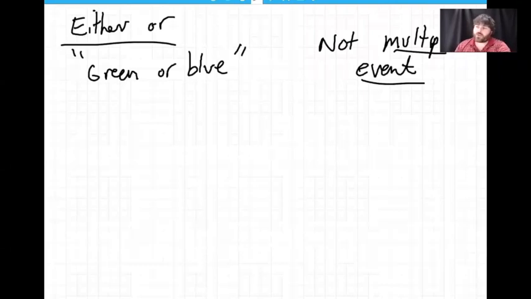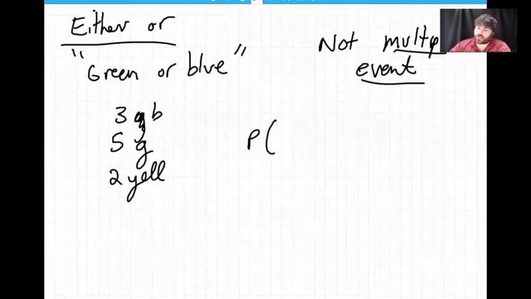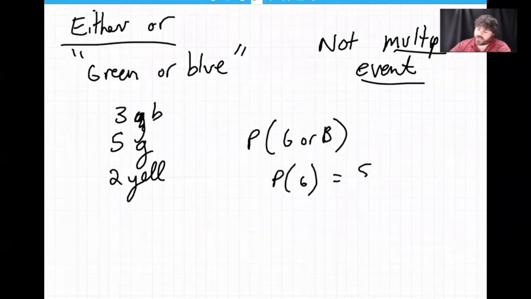Okay, so what you want to do, let's go back to that same exact last answer. We had 3 blue, 5 green, 2 yellow. Okay, so what would be the probability of picking green or a blue? Well, green is 5/10, and blue is 3/10 probability. So think about this.